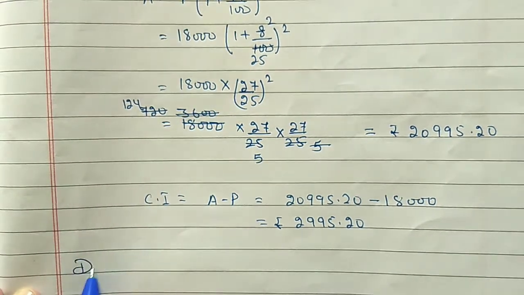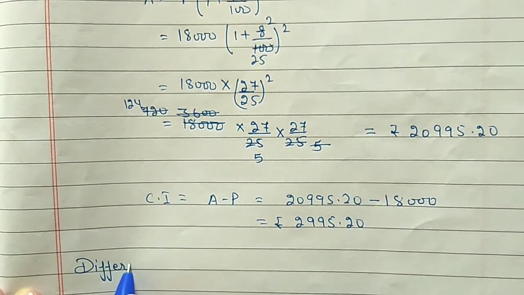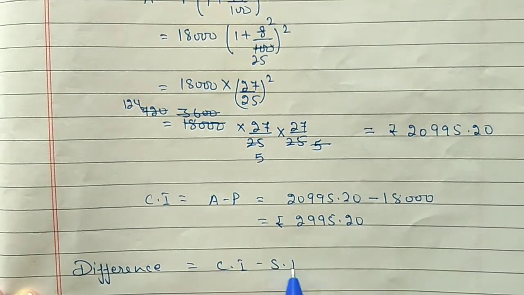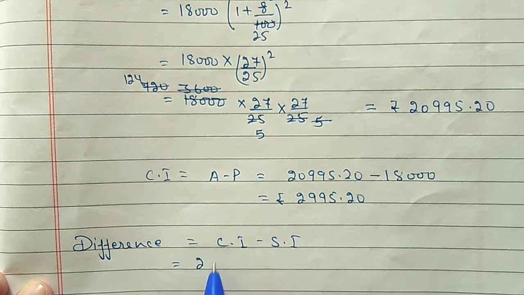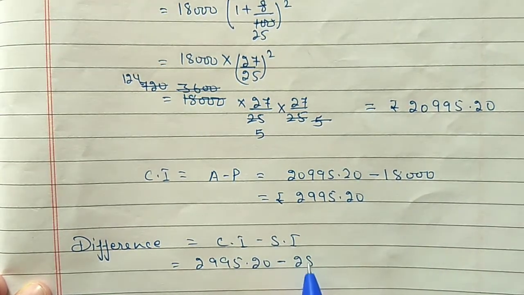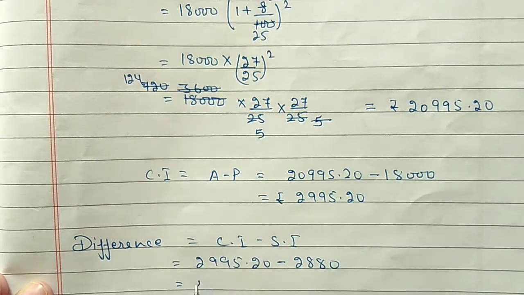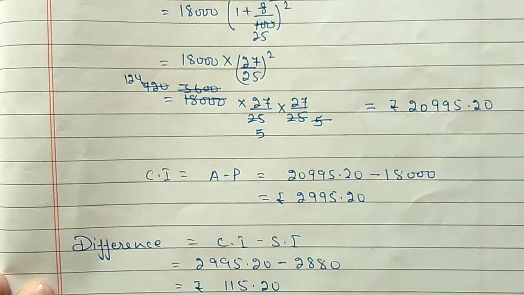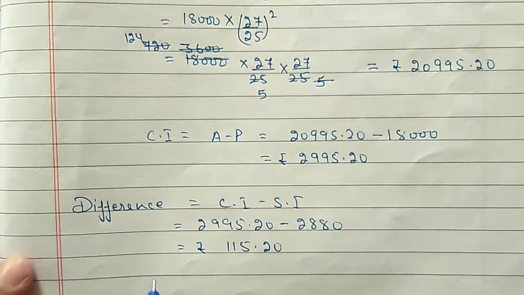So difference, compound interest minus simple interest, which you will get 115 rupees 20 paise.